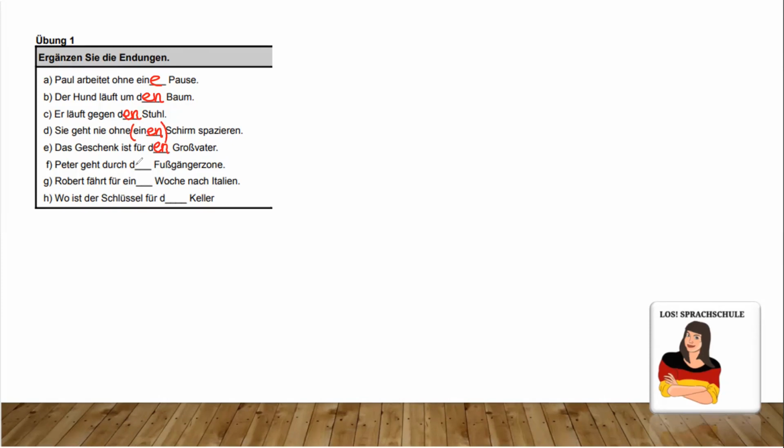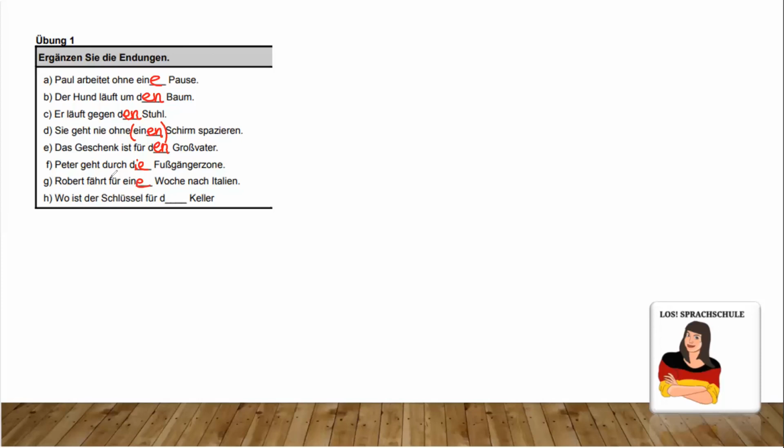Peter geht durch die Fußgängerzone. Peter goes through the pedestrian zone. Robert fährt für eine Woche nach Italien. Robert goes, or drives in this case, for 1 week to Italy.